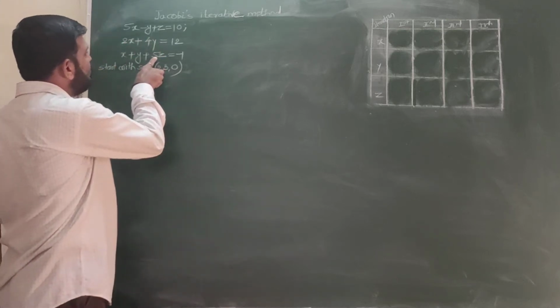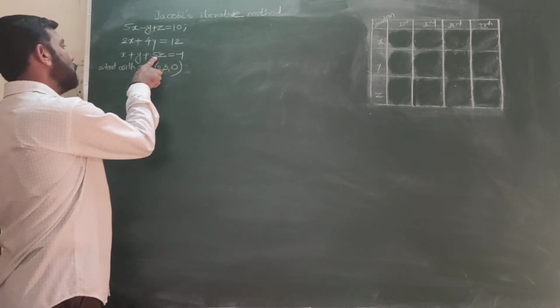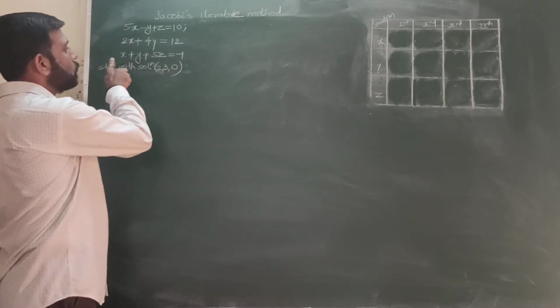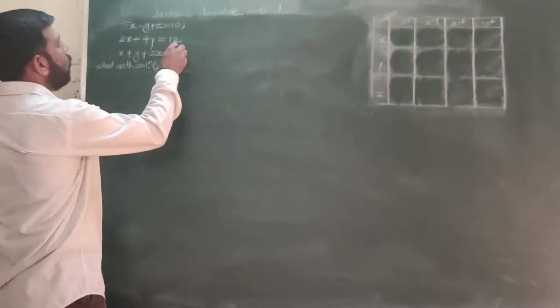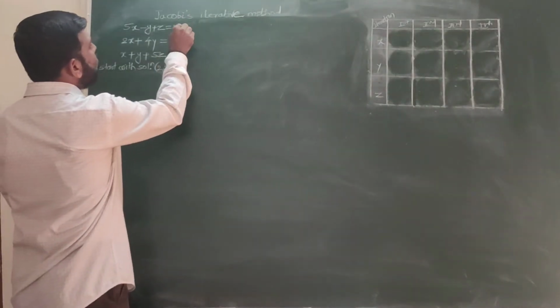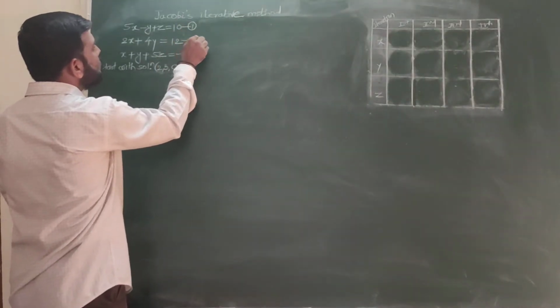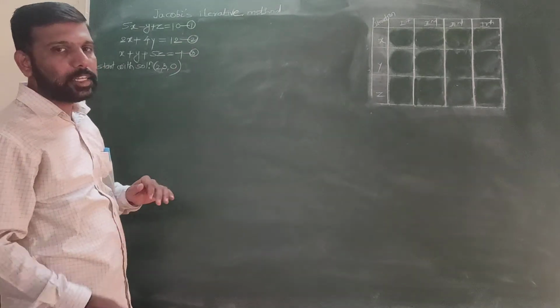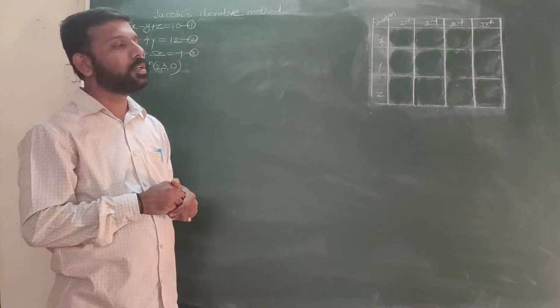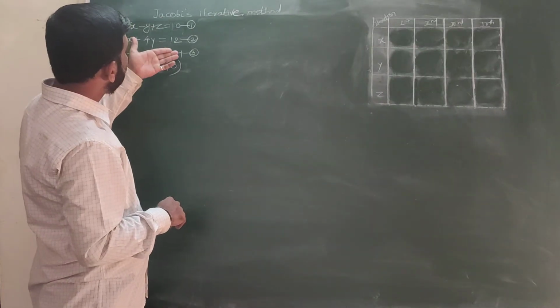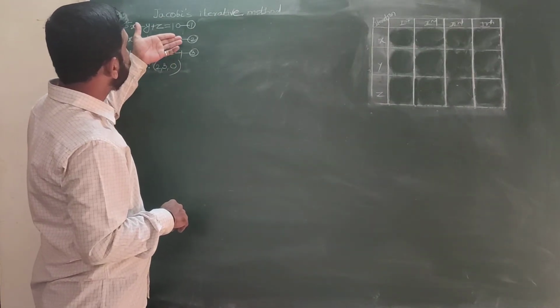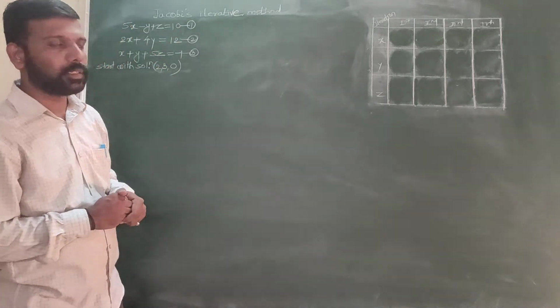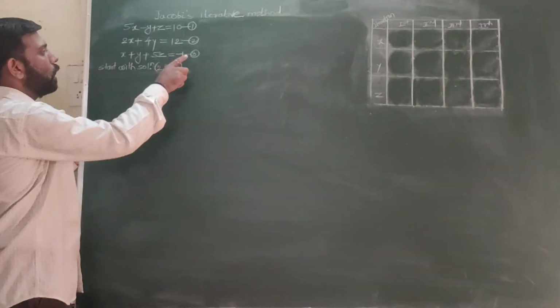Similarly, c3 must be largest compared to the other coefficients in that equation. If it is so, then we put the notation: first equation, second and third one. If it is not, then we have to rearrange the equations. Equation 1 may become 3, 3 become 2, 2 become 1, like this. So we have to rearrange accordingly.